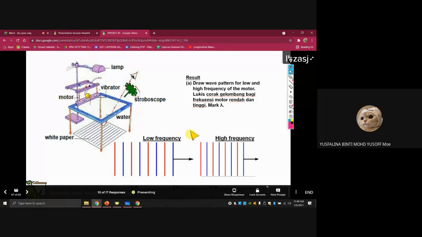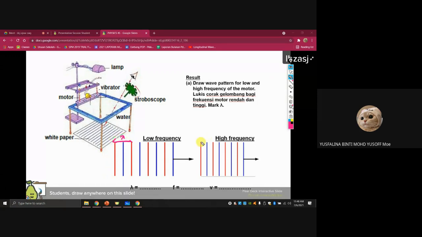Crest to crest is 1 lambda. And for this one, the lambda is from here to here. So you can see here the lambda is decreased.